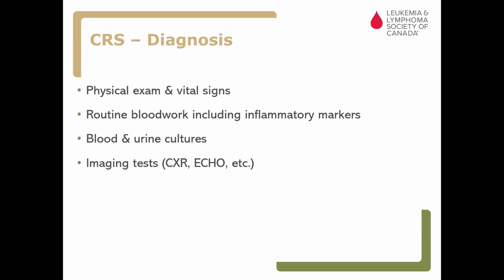Diagnosis of CRS also involves ruling out other potential causes of these symptoms, which we will touch on later. As a result, we will do blood and urine cultures to rule out any infection or sepsis, which can mimic CRS. In addition, the use of imaging tests can help support or negate a diagnosis of CRS, such as your chest X-ray, your echocardiogram, etc.